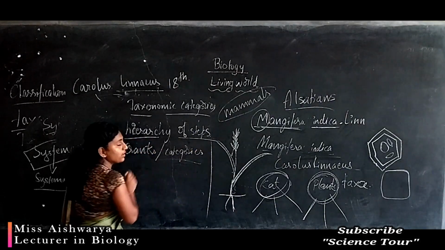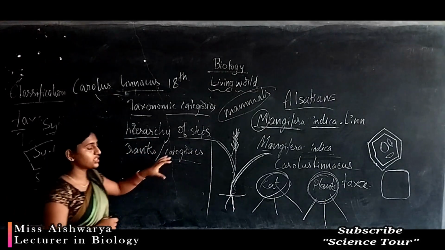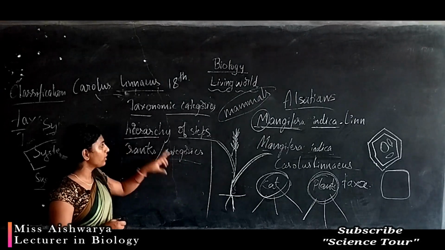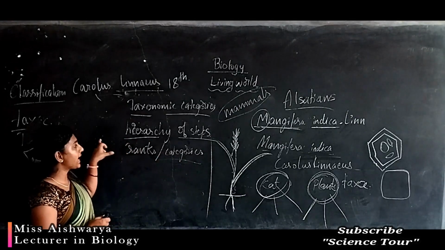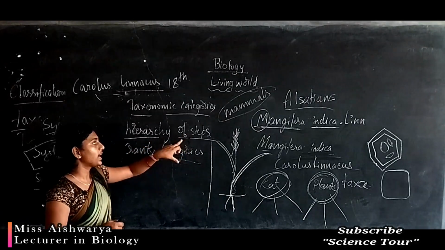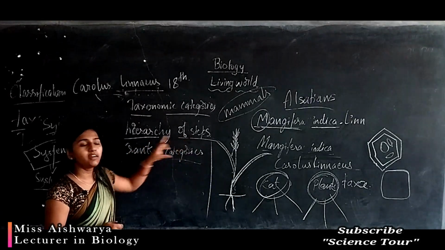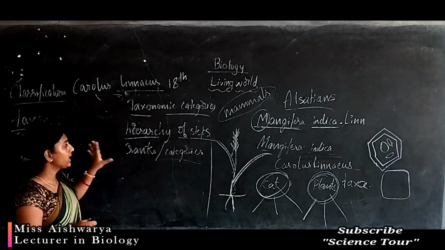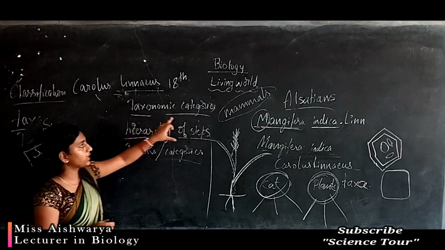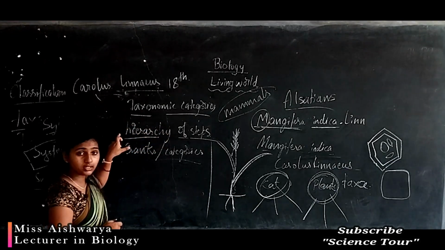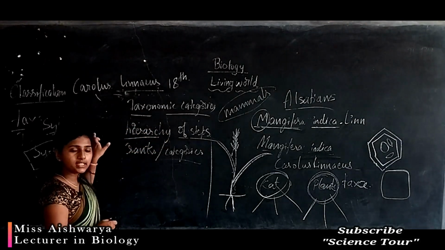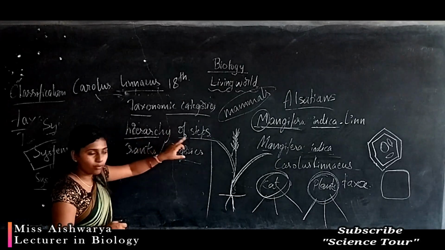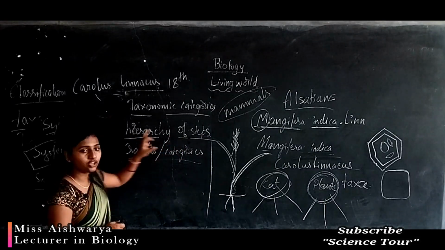A category is nothing but a group to which the organism belongs. So they involve a hierarchy of steps, and each step is called a category or rank. Remember, the taxonomic study is not a single step process. It involves arrangement in a stepwise manner, or the hierarchy of steps.